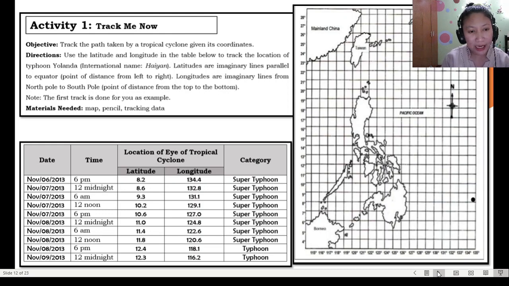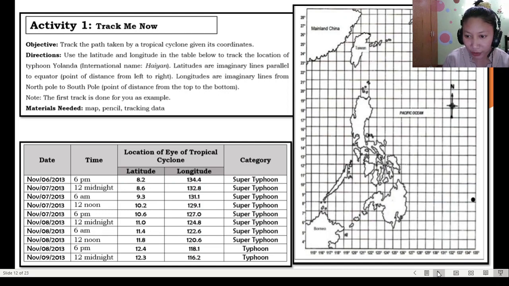So, titingnan natin yung time and date kung kailan pumasok at nanatili at nag-exit ang bagyong si Yolanda. So, gamit yung map, meron tayo ditong grid, latitude yung patayo, longitude yung pahiga. And then, sample natin is 8.2 na latitude.